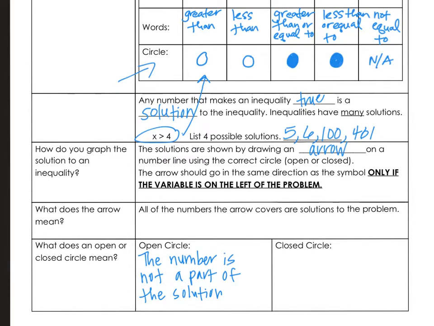However, when we have a closed circle, the number is a part of the solution. So for example, we would have a closed circle if we had x is greater than or equal to 4. That means 4 can be a solution for this problem, that 4 is included, that 4 and any number bigger would be a solution, so we would have a closed circle when graphing it.